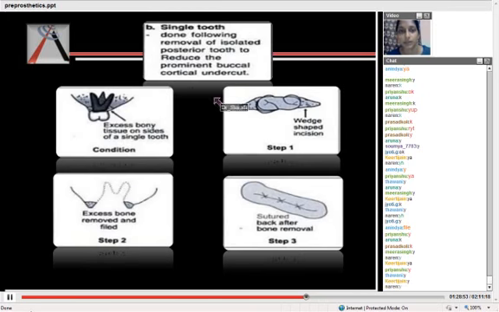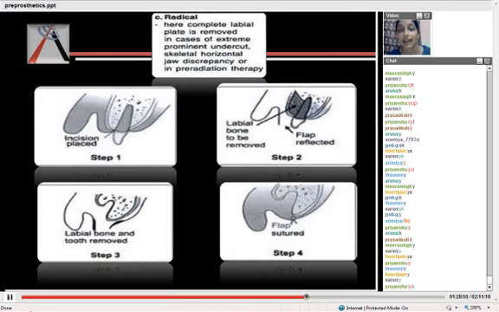The next one is the radical. That means you're removing a chunk of the bone. That's why it's called radical. Here, the incision is placed as usual, the tooth is still there, and you have to remove this much part of the bone. The complete labial plate itself is removed in case of an extreme prominent undercut.